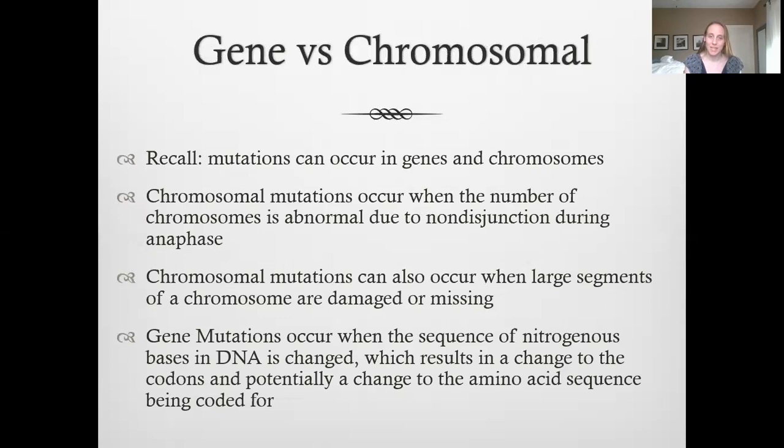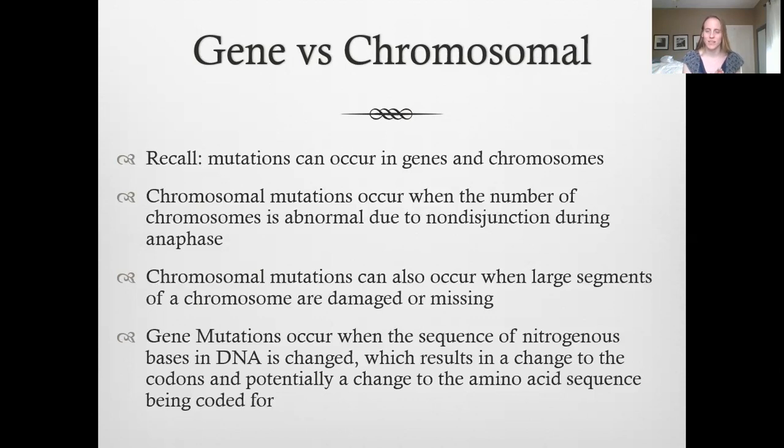So just a reminder, chromosomal mutations happen when the number of chromosomes is abnormal because of things like non-disjunction during either anaphase 1 or anaphase 2. You can also have chromosomal mutations that happen when a big chunk of a chromosome is missing or damaged. And then gene mutations are the kinds that happen when within your DNA, the sequence of nitrogenous bases gets changed.